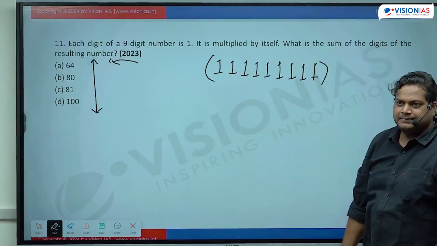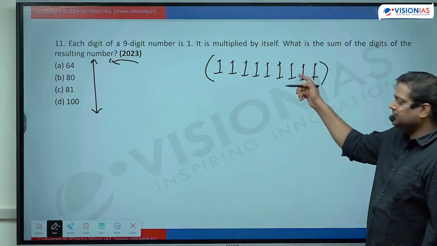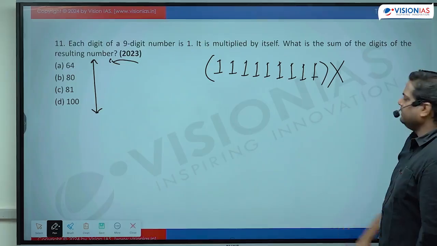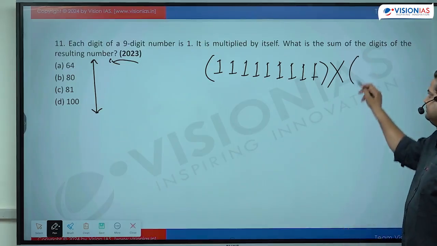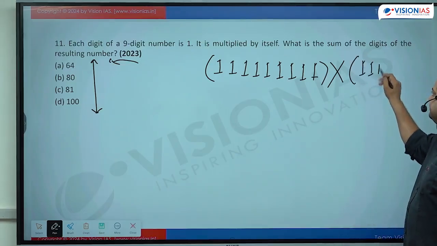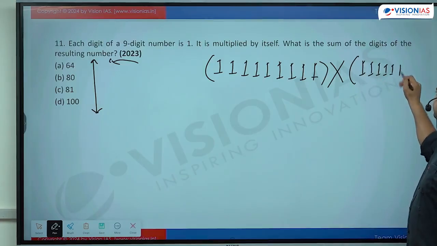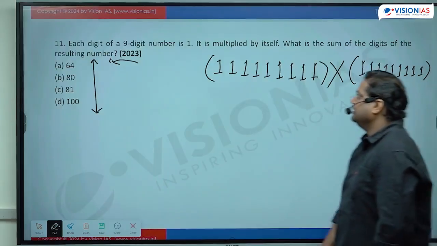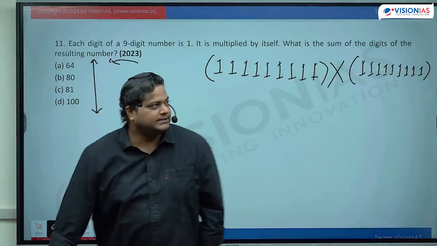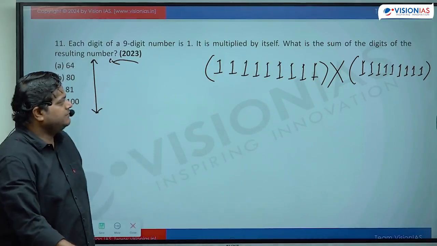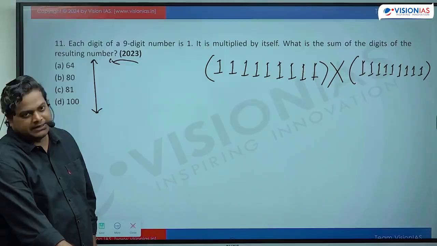This is the number, 9 ones are there, and this number is multiplied by itself. Then it is asked, what is the sum of the digits of the resulting number?